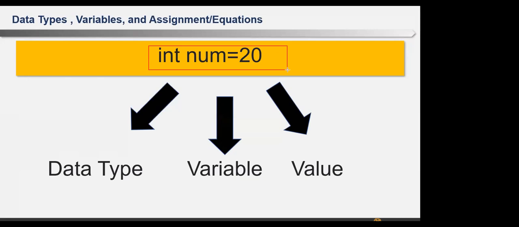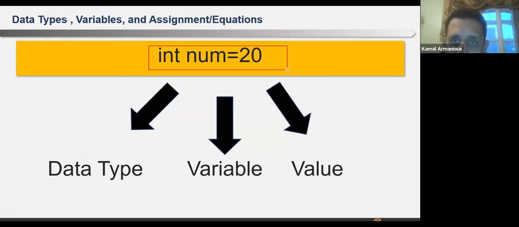Okay. So int num equal 20. When the compiler starts compiling this statement, what will happen? I'm not talking to you, I'm just talking to the class.